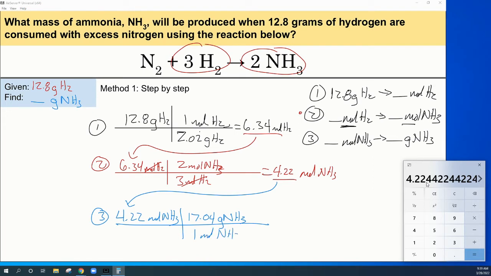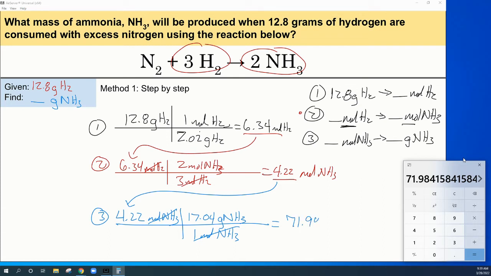Remember, from the periodic table, you always have 1 mole of that substance. That's what the periodic table tells us. And we're going to do 4.2244 and so on, times 17.04, divided by 1. And I'm going to get my answer to be 71.98.